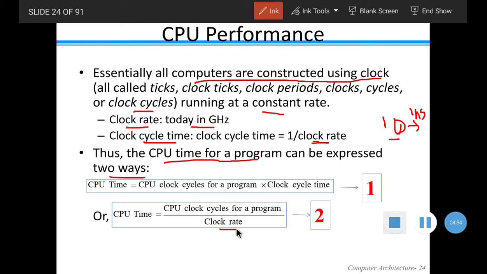Since clock cycle time is 1 by clock rate, if I substitute it here, we get CPU clock cycles for a program divided by clock rate. This is equation number 1 and this is equation number 2. Depending on what data is given in the problem, we will use different formulas.